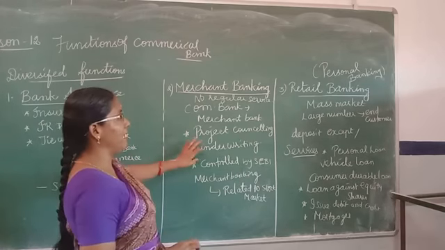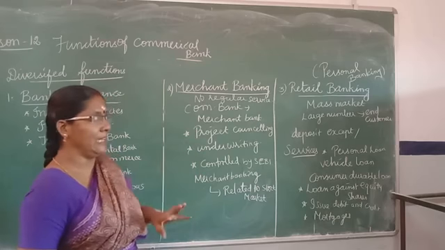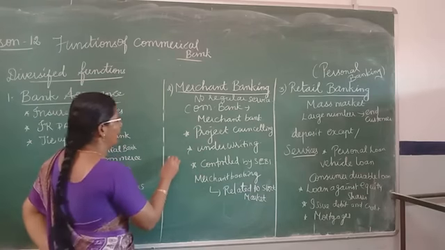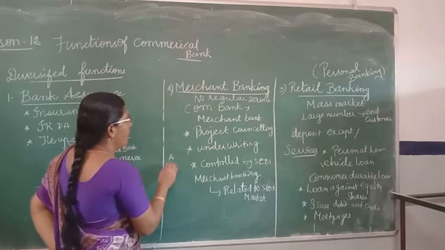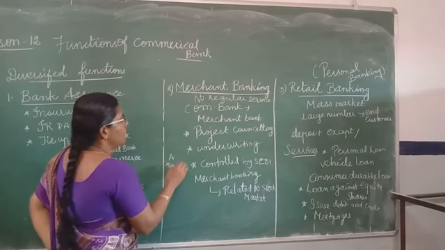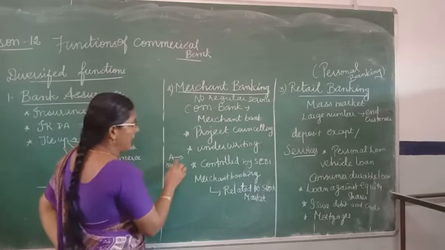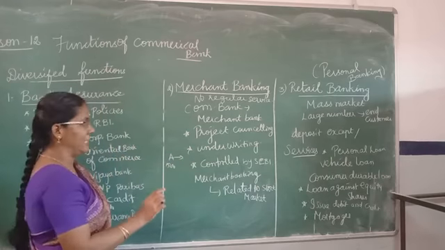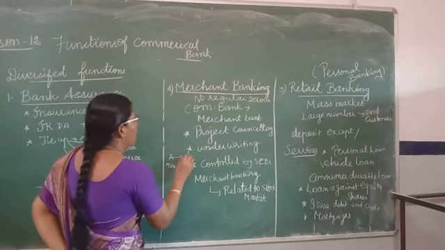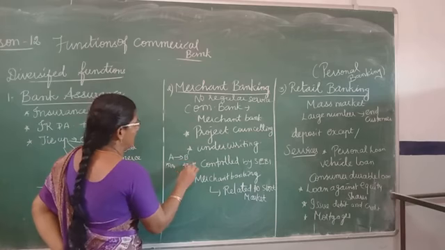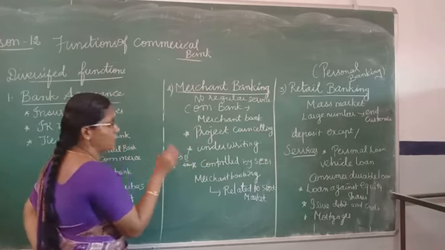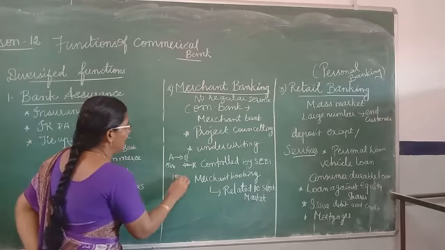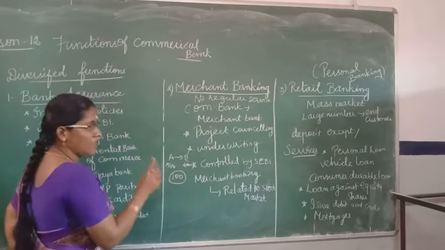Underwriting. The merchant bank will act as an underwriter. Underwriting means, what is the meaning? Company A has 500 shares. It sold 400 shares outside to B. The remaining 100 shares are still not sold.